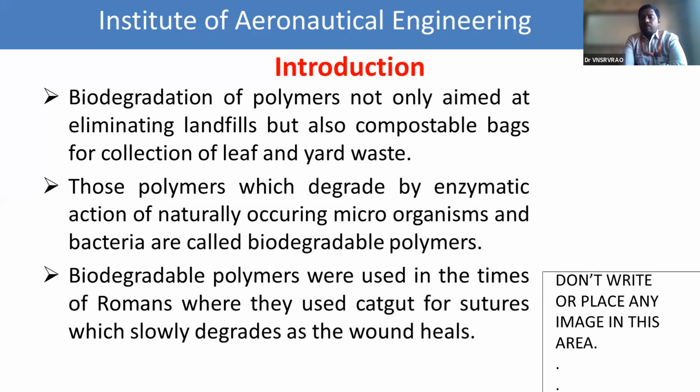Biodegradable polymers were used initially by the Romans, who used catgut for stitches, which slowly degrades as the wound heals. So this is the first biodegradable polymer used by the Romans, and the first example of a biodegradable polymer.